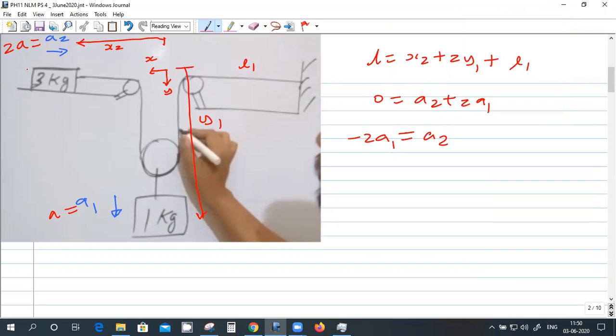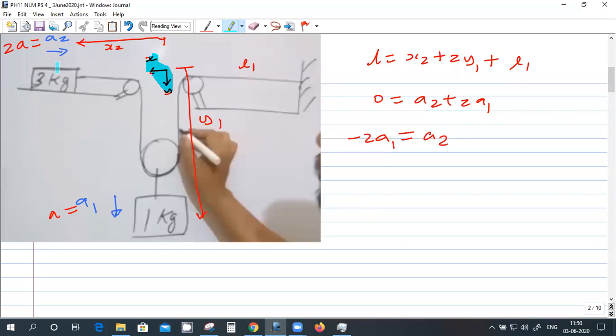I have drawn x and y axes like this. I got A1 by A2 equal to minus 1 by 2. Okay, it's the same. You did it by a different method. I usually do it this way: I just fix the coordinates like this.